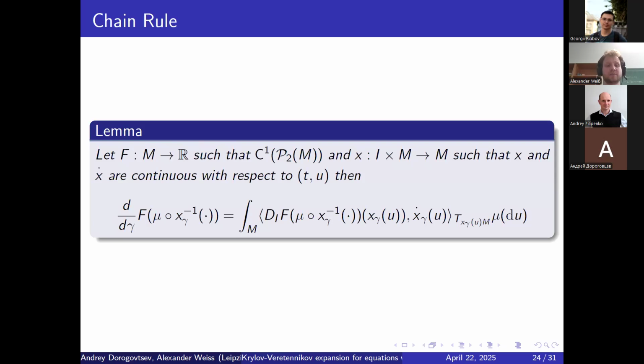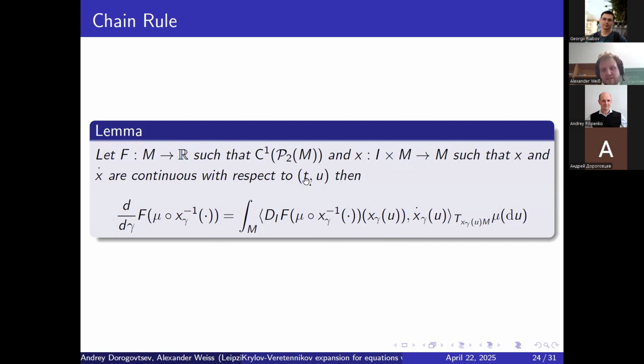And yes, another very important result that we need in order to prove smoothness of the solution to an SDE with interaction with respect to the measure component will be the chain rule, which is the following. We have some functional.